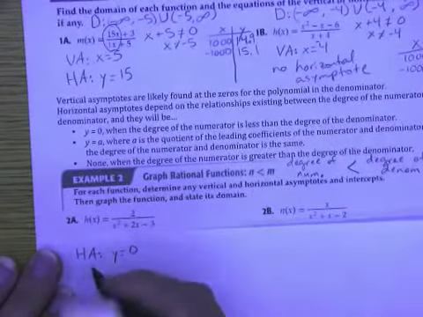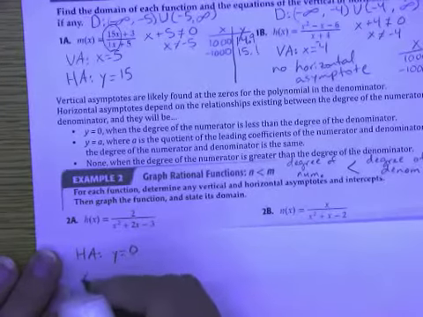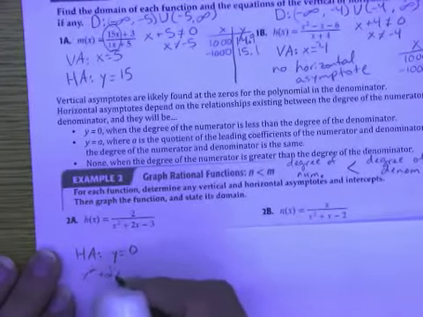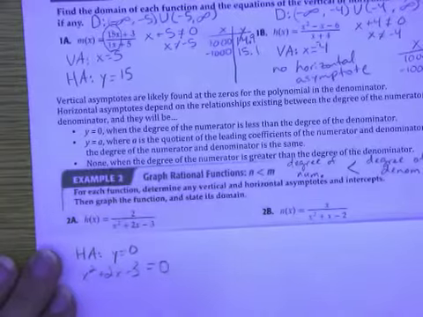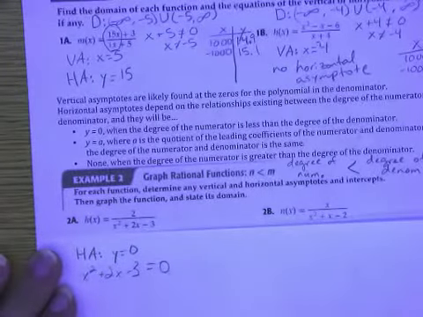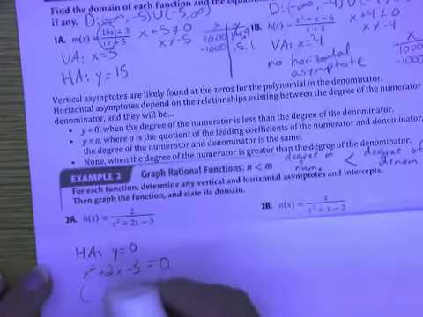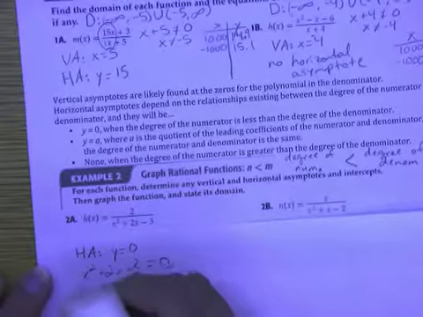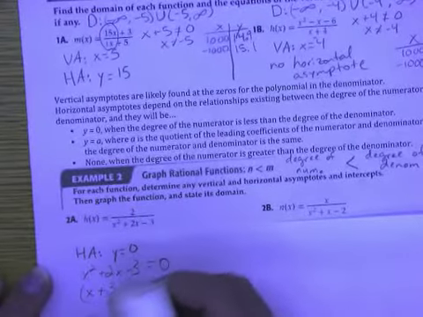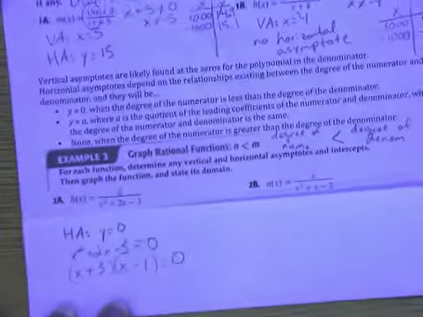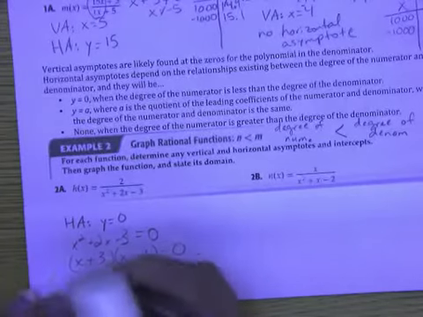So horizontal asymptote y equals 0. I already know that. Now let's figure out my vertical asymptotes. In order to figure out my vertical asymptotes, I'm going to set the denominator equal to 0, and then I solve for x.